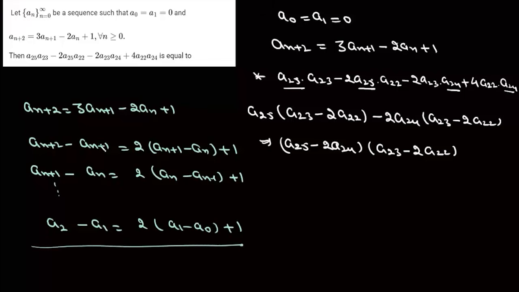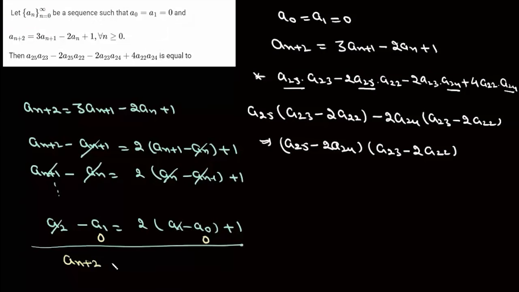Now, if we add them all, these successive terms, they'll cancel. Here also, these terms, they'll cancel. And we also know value of a1 is 0 and a0 is 0. So from here, we can write a_{n+2} is equal to 2 times a_{n+1} plus, now this is 1 plus 1 plus 1.